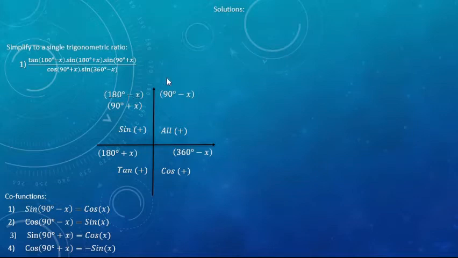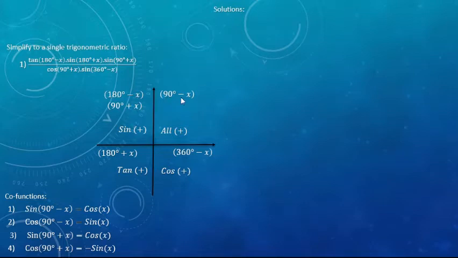So, the first thing that we need to understand is this table here. According to this table, in the first quadrant, one of the reduction formulas, a cofunction formula, is 90 minus x. And in the second quadrant, we have 180 minus x and also 90 plus x.